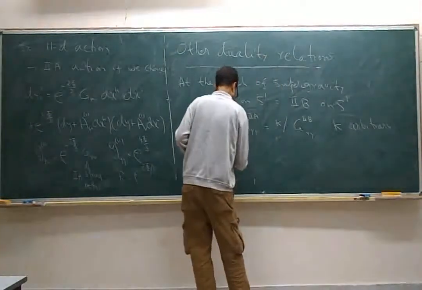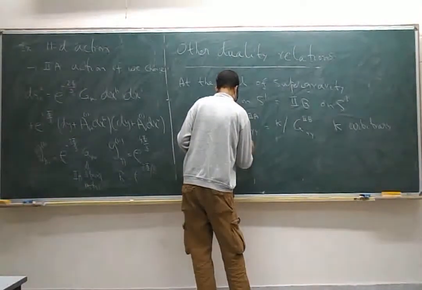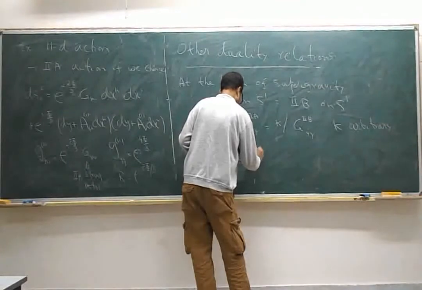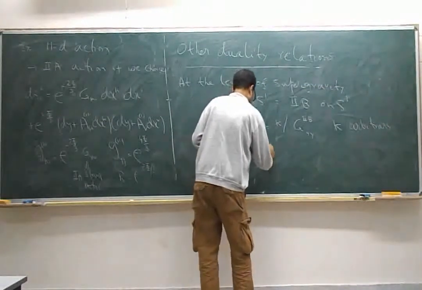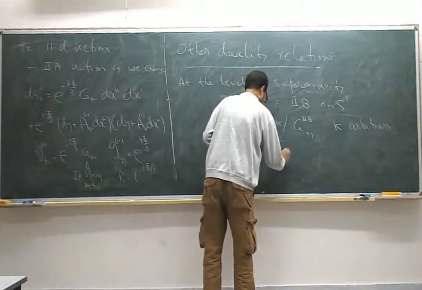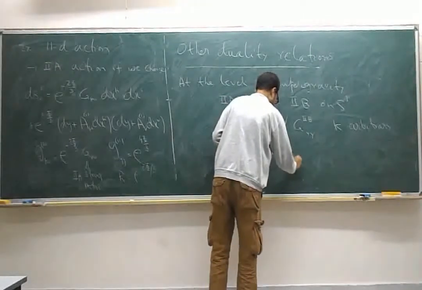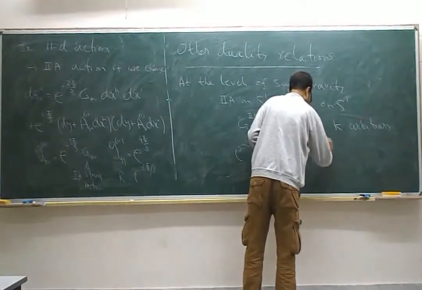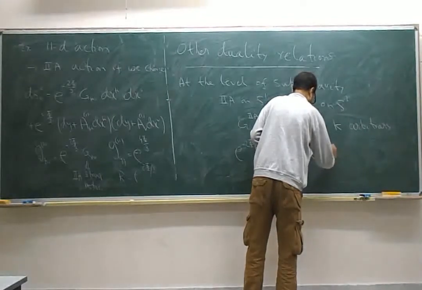And e to the minus 2 phi_2A times the square root of the determinant of G_2A is the same as e to the minus 2 phi_2B.